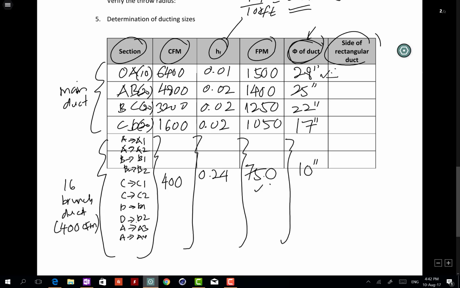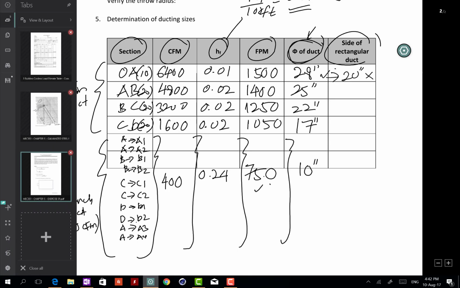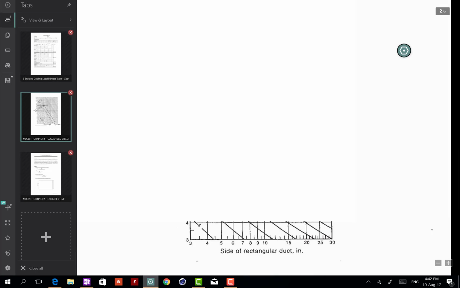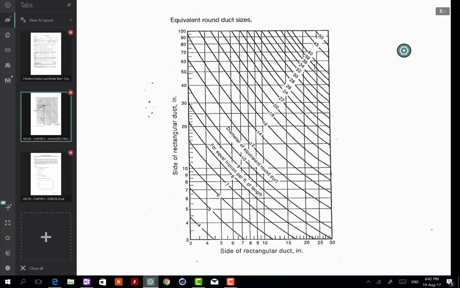How to transfer it into rectangular, with one side fixed at 20? First we find the round ducting 28 here.